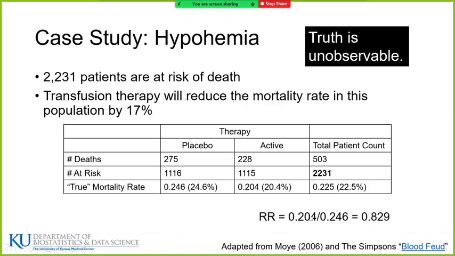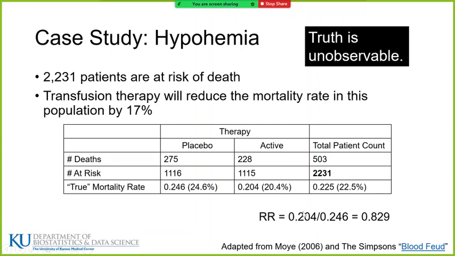So you have a reduction in risk for any risk ratio that's less than 1. And so the impact here is kind of how far away from 1 this risk ratio is. And if I subtract 0.829 from 1, then I get about a 20% reduction in risk. In fact, more specifically, it's 17%. So it looks like this transfusion therapy reduces the mortality rate in this population.